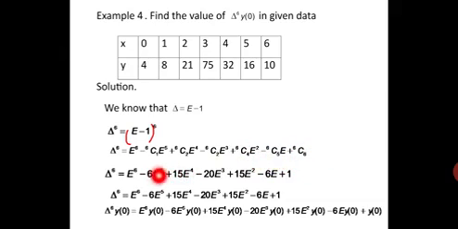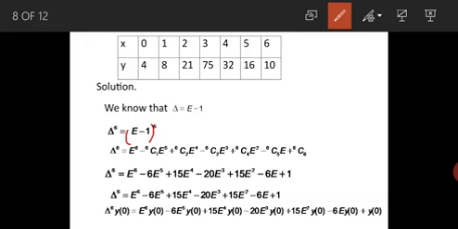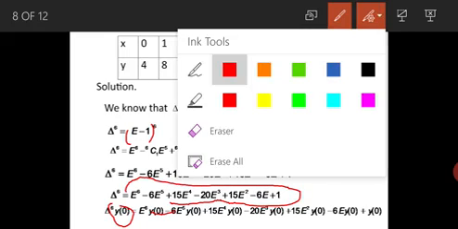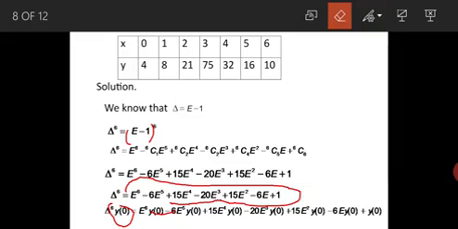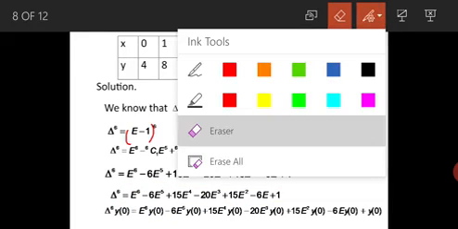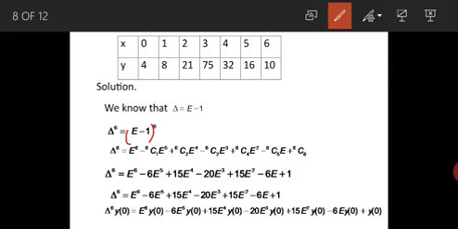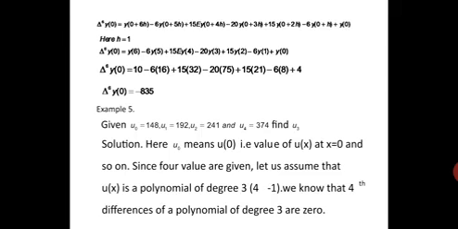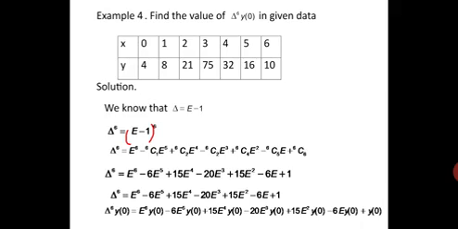Now apply this to y of 0. Here you can see I have taken y of 0, so for each and every term I should multiply with y of 0. Now multiply that. What is e power n of y of x?